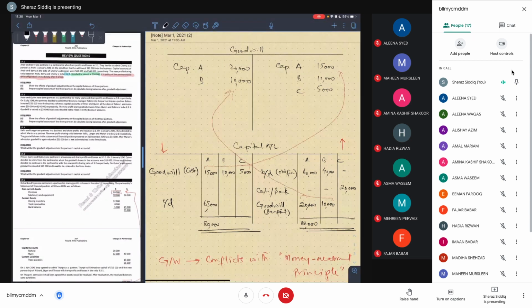B's capital would be 50,000 minus 10,000, which is $40,000, and C's capital would be $15,000, right? So these are the capitals which will go to the new partnership deed.